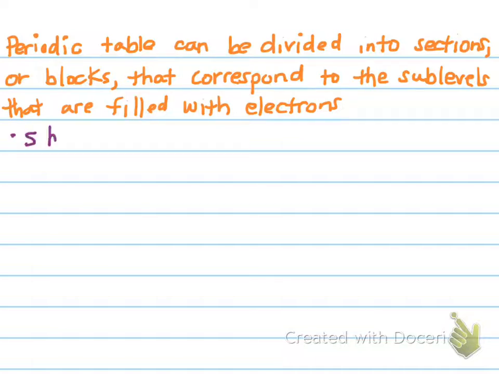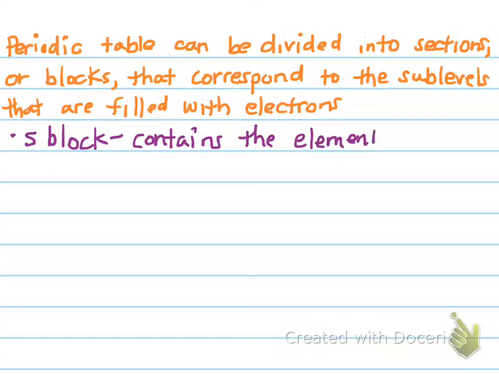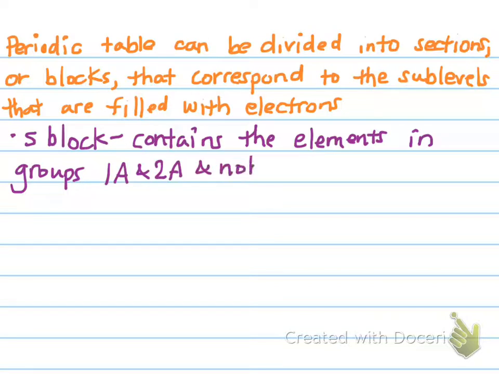We have our S block, which contains the elements in groups 1A and 2A, and the noble gas, helium. Even though helium's typically put in group 8A, it just as well could fit in group 2A.